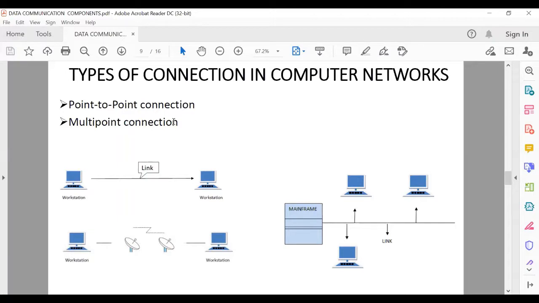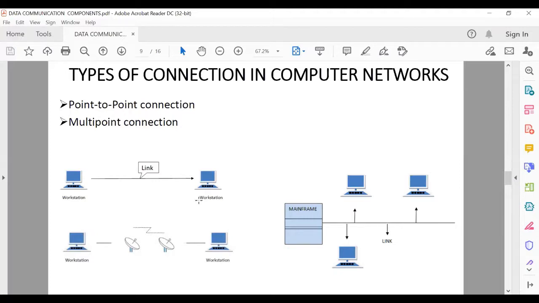In case of point-to-point connection, it is a protocol which is used as a communication link between two devices. It is very simple to establish. For example, a point-to-point connection is a computer connected by telephone line.